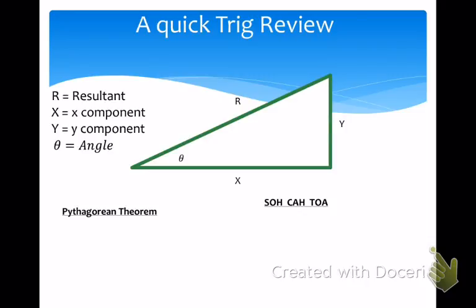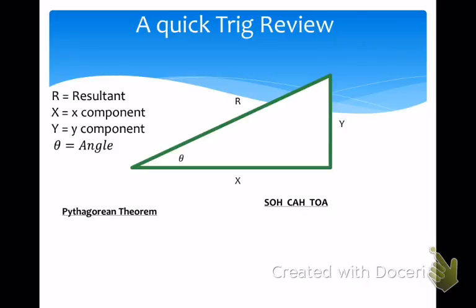Now notice on here, normally you see this drawn with A, B, and C on the sides, but in physics, I don't talk about A, B, and C. I've got X for the X part of the vector, the X direction, Y for the Y direction of the vector, and then R, which is the resultant, okay?